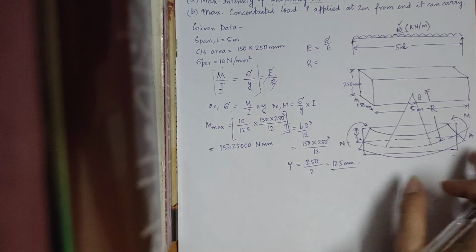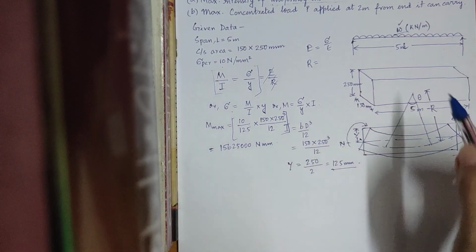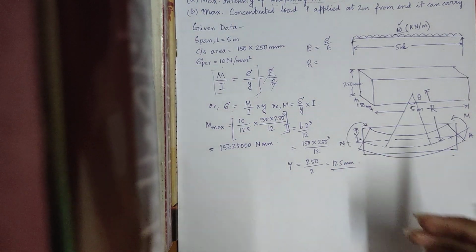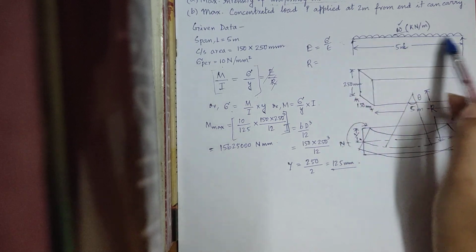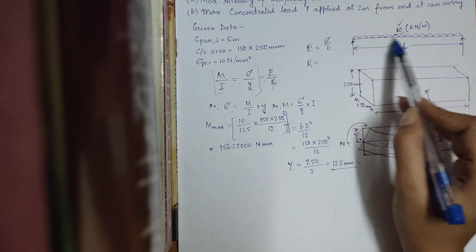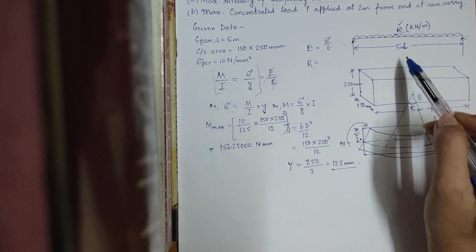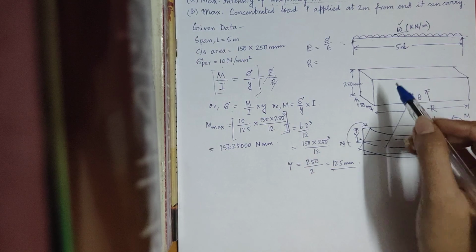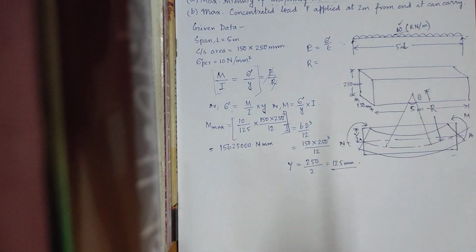From this value of maximum bending moment, we can easily calculate the maximum loading. Since the loading is equal along the entire length of the beam, it is a symmetric loading. And since it is a symmetric loading, the bending moment is going to be maximum at the center of the beam.